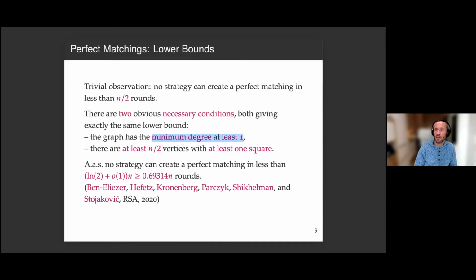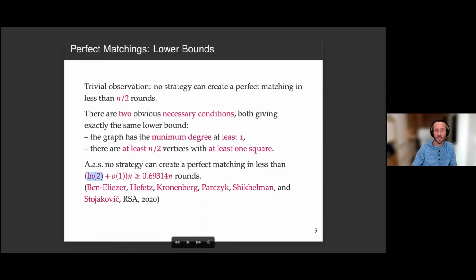But anyway, you can show by simple coupling that's the best strategy you can do. If you want to kill all the isolates, you should just put your square on isolates, and then you can use the differential equation method to analyze this process, and you get exactly the same bound.